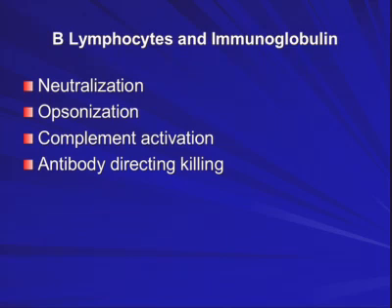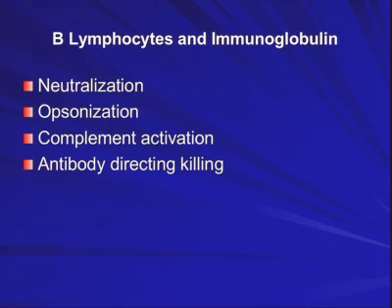Also, immunoglobulins activate the complement system, and the complement system then can actually cause bacterial lysis through its cascade of activation. And typically, antibody-antigen complexes, immune complexes, are the site where complement gets activated.